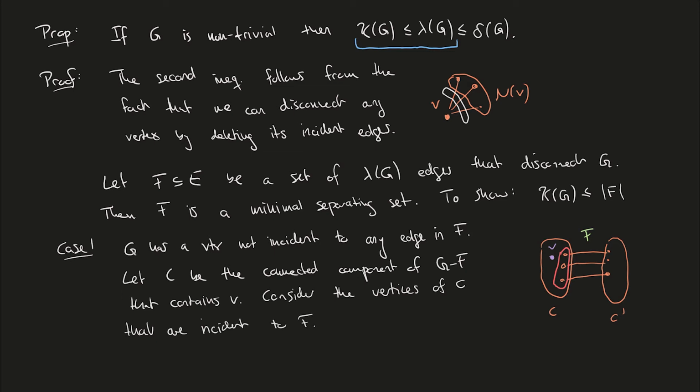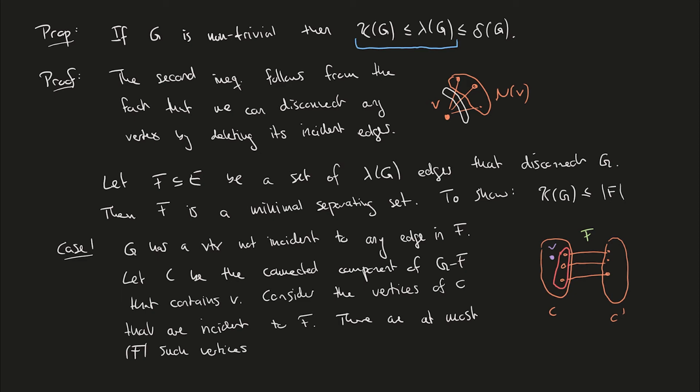Now, because no edge in F has both of its ends in C, we conclude that the size of this set is at most the size of F. Hence, there are at most |F| such vertices.